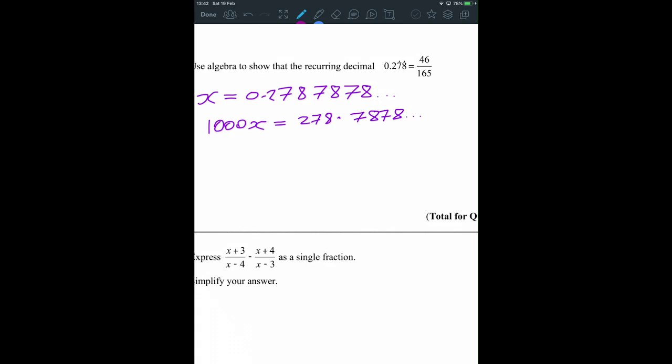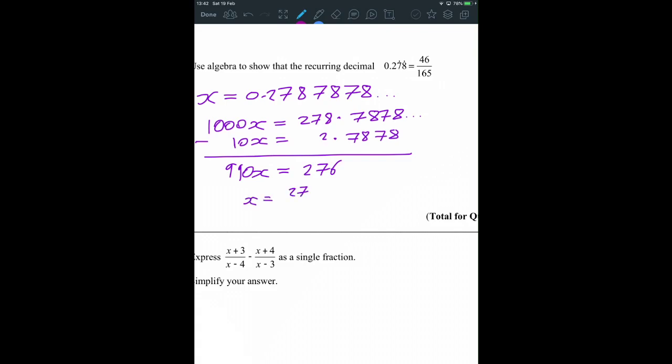I then need another version of x so that the decimal places line up once again, and I can do that by moving the decimal place only 1 spot, i.e. by timesing by 10. Then if I subtract, 990x on the left and on the right, all of the decimal places cancel completely, and then dividing through, 276 over 990, and now I'm hoping that that does simplify to the required answer.